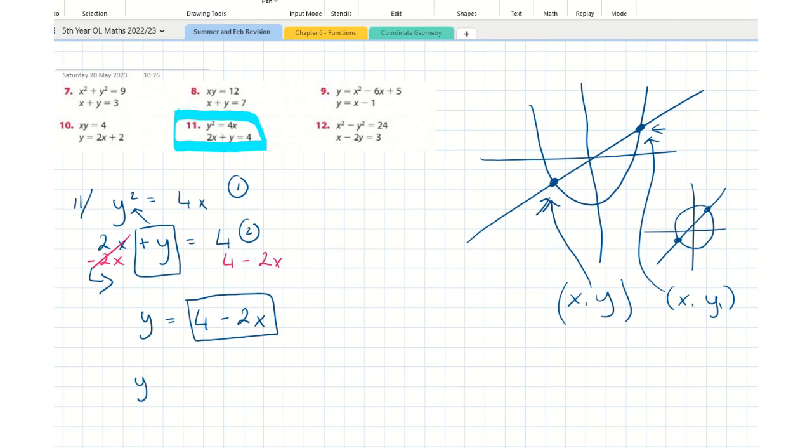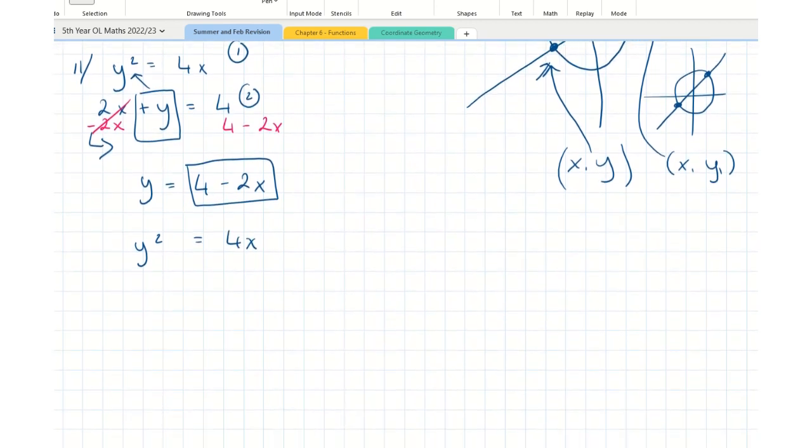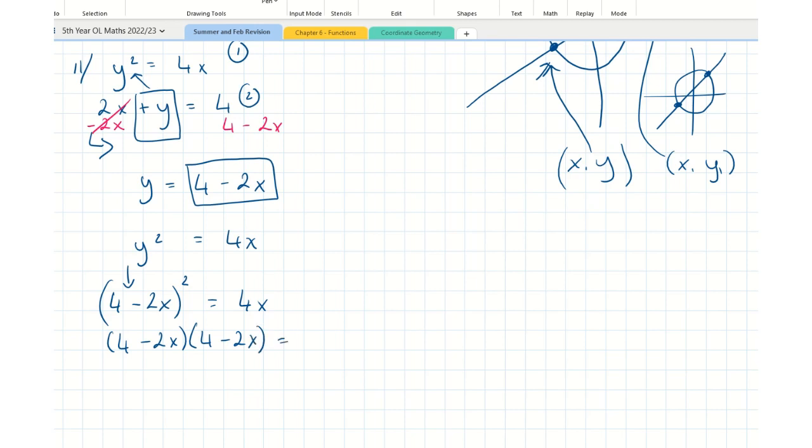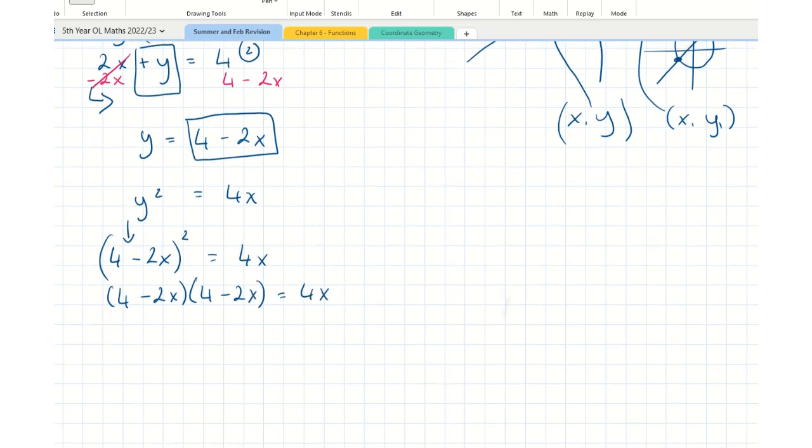I have y squared is equal to 4x, but I know that y is equal to 4 minus 2x. So I've replaced the y with this. Now I need to expand those brackets. I have 4 minus 2x, squared, so I have it twice, is equal to 4x.